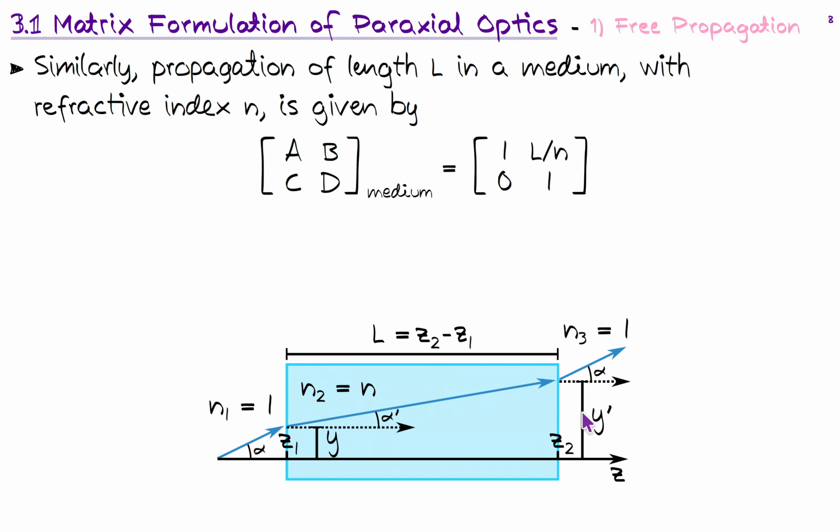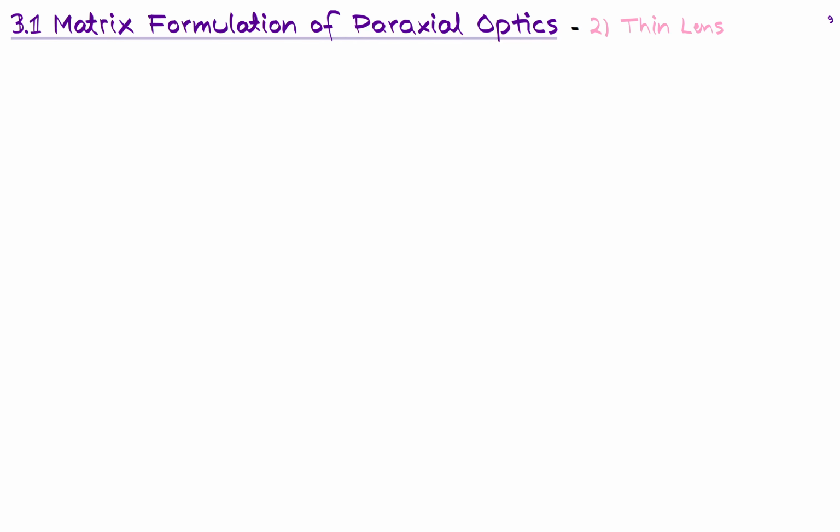The only modification is to the displacement y prime, which tells us the displacement with respect to the optical axis. We see that the only thing that gets modified is this component in the matrix. I hope these two figures make sense, and now you can understand how free space propagation takes place using this ABCD matrix formalism.